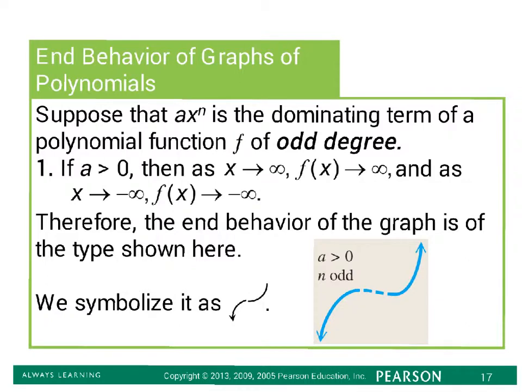So here's a little bit about odd degree polynomials, a portion of it anyway. Suppose that our dominating term is this right here, ax to the n, and what's going to determine our end behavior is this leading coefficient right here, and whether it's positive or negative. And in this case, we're stating that it is positive.